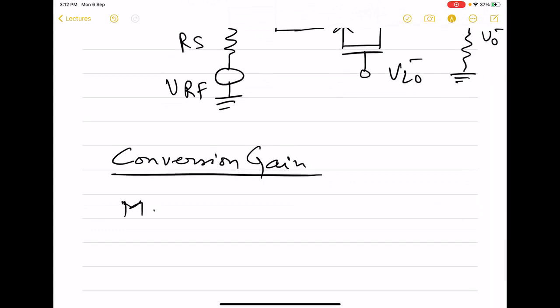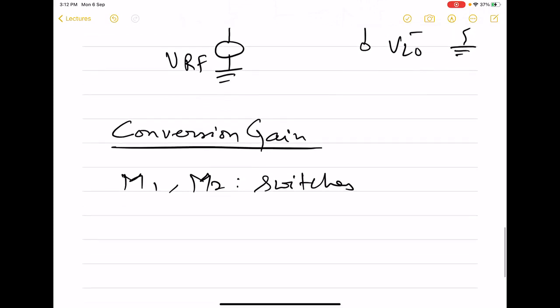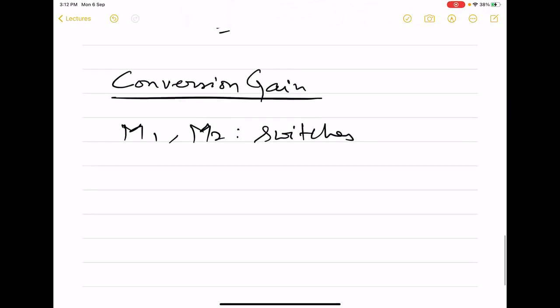So M1 and M2 both are going to act like switches. And it was pointed out that it is the parasitic capacitors which play important role in deciding the feed through. In fact, conversion gain also gets affected by their values. So we have to decide the model for switch.